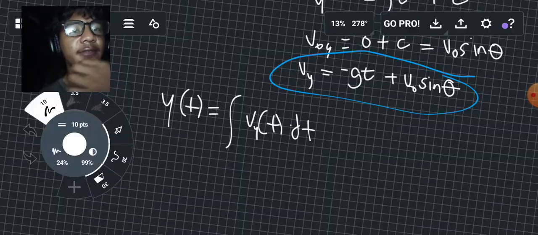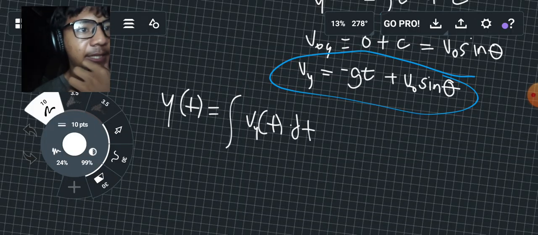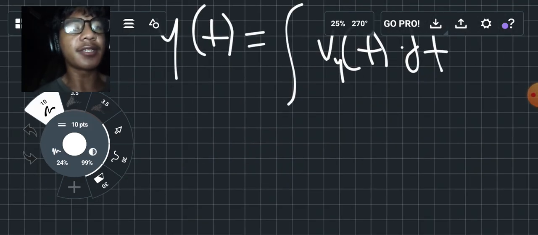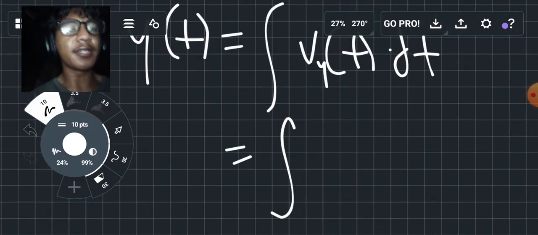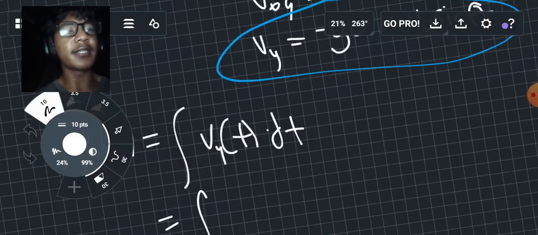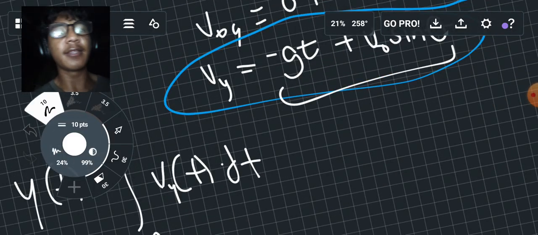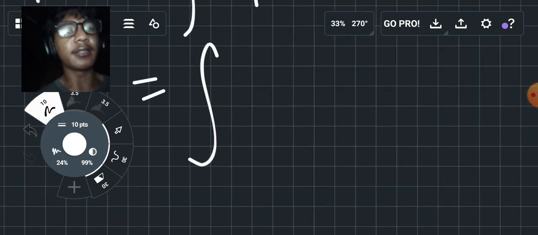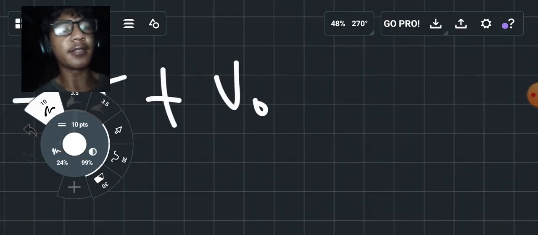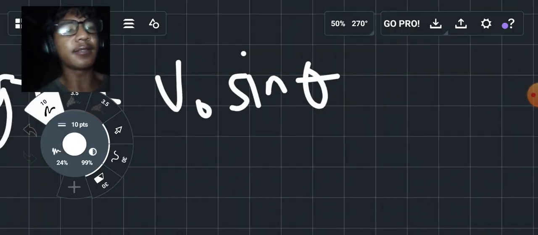Okay, so back to the position function for the y direction. So we are just gonna integrate vy of t, and vy of t is this one, negative gt plus v naught sine theta dt.